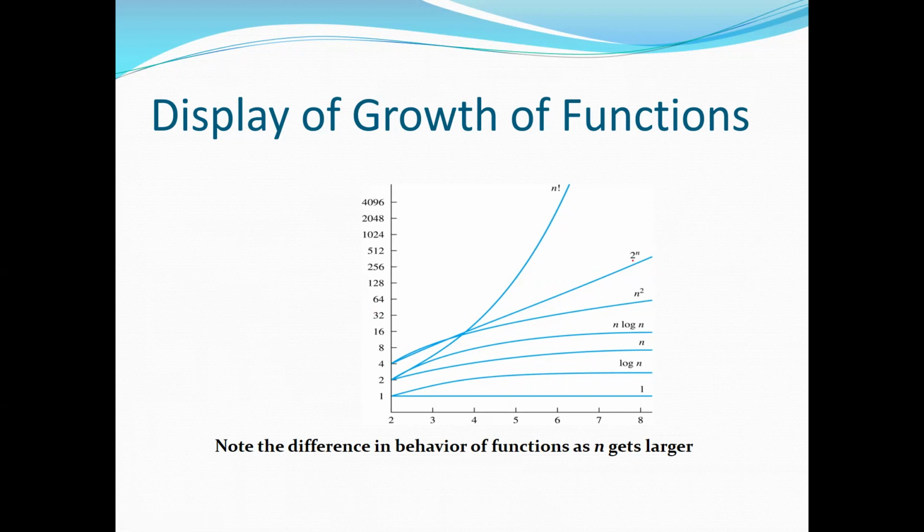Then the exponential class, where the variable is in the exponent. Then the factorial class. So the highest order of growth of a function is n factorial, right? So we classify the algorithms based on the order of growth of those functions.